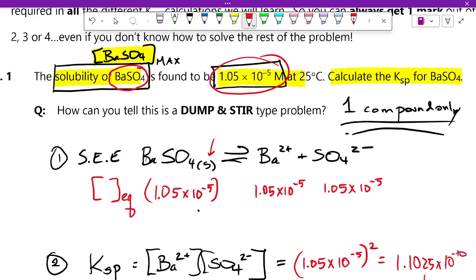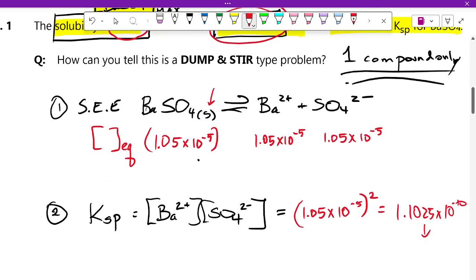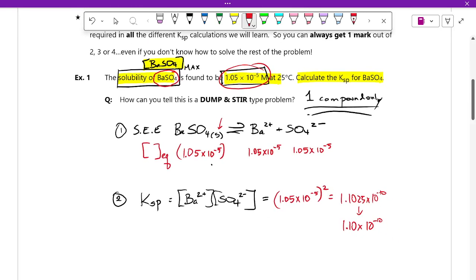So that's going to become 1.10 times 10 to the negative 10. Easy enough? Okay. So this is going to be part of your homework.